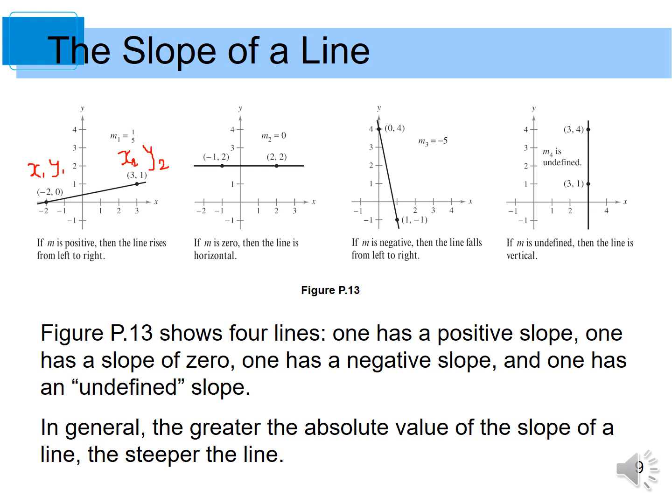Okay, so you can name the gradient of the first figure as the first gradient. Using the slope formula, y2 minus y1, so it will be 1 minus 0 over 3 minus negative 2.